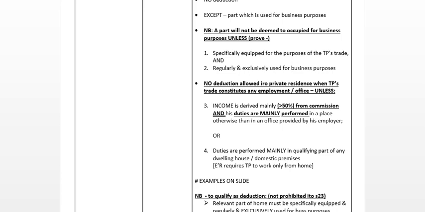So again, if you want to have your small room at your house and you work for an employer, then more than 50% of the money you earn should be earned while in that room. Then it may be deducted. Otherwise, it's not a deduction in terms of section 23B. It's a prohibited deduction.